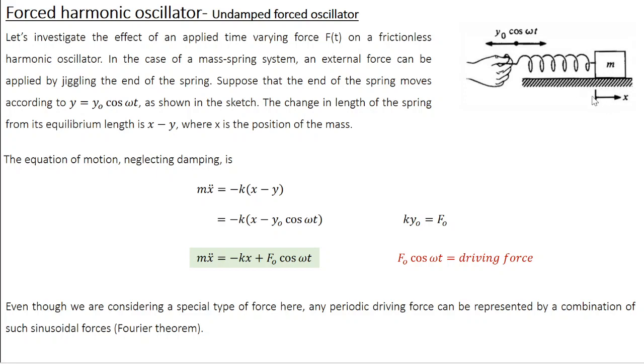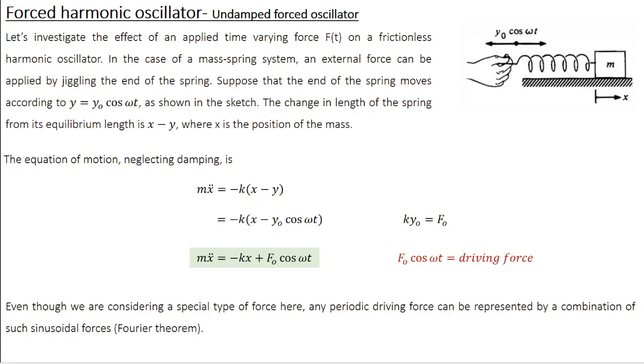By convention, the right hand direction is always taken as positive. So you have plus x due to the restoring force, and minus y due to the external force. So the total change in length of the spring from its equilibrium position is going to be x minus y.